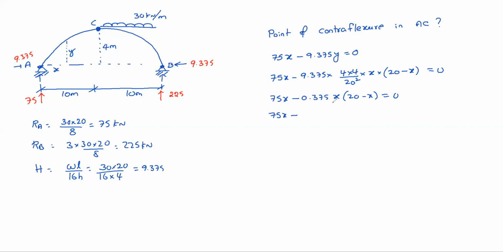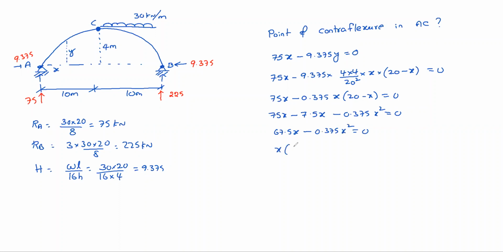So 75x minus 0.375 into 20, 7.5, minus 0.375 x square equal to 0. That is 67.5x minus 0.375x square equal to 0.